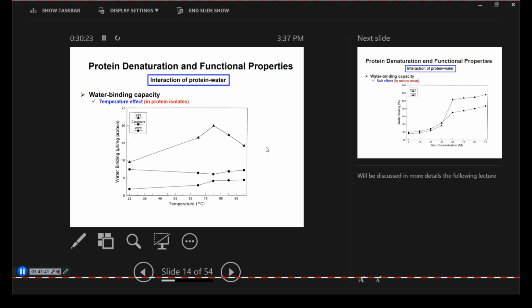It doesn't have really defined secondary, tertiary, and also globular structure. So it's less impacted by heat. Okay, the structure is less impacted by heat. So look at water binding capacity. Almost flat. Not impacted by heat. If we heat it above 100 degrees, we might have seen something.